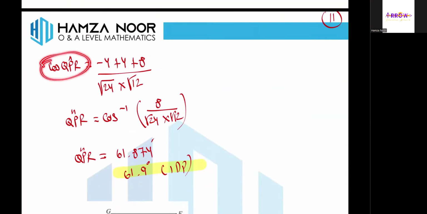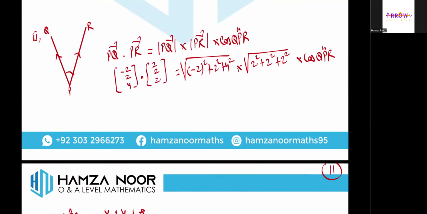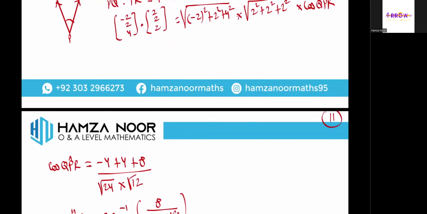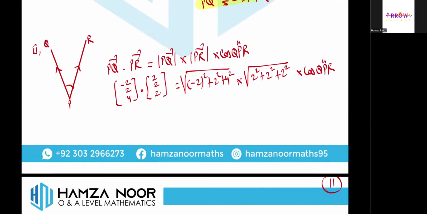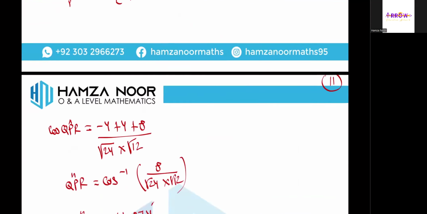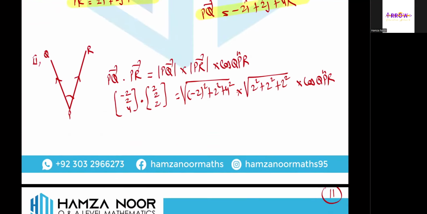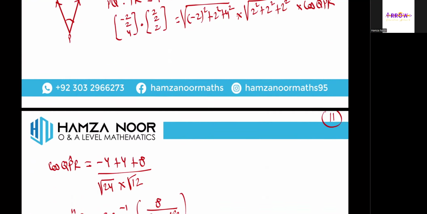So cos QPR is equal to, I component is multiplied together, so minus 2 times 2 is minus 4, and then J component multiplied together, 2 times 2 is 4, and then K component multiplied together, 4 times 2, which is 8. And the magnitude of PQ vector is under root of 24, and the magnitude of vector PR is under root of 12.